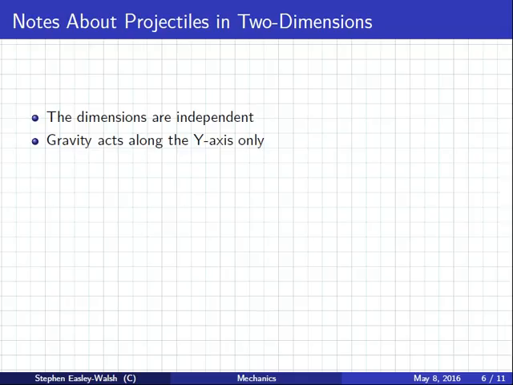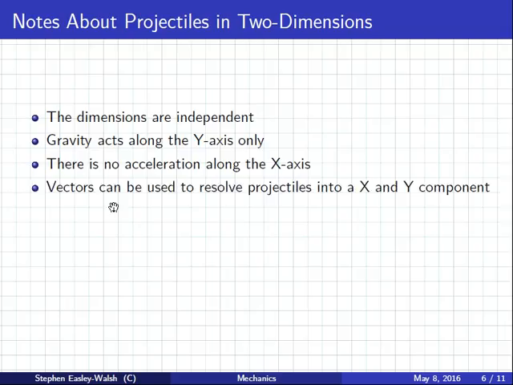Next point: there's no acceleration in the x. So the x has no acceleration. Okay, you got that?